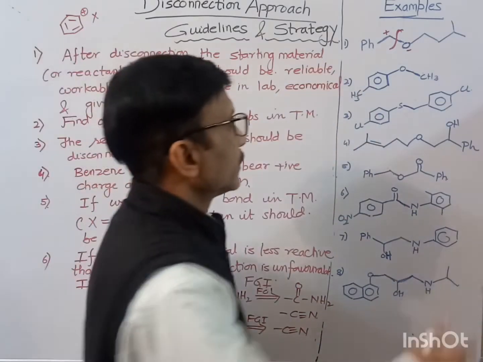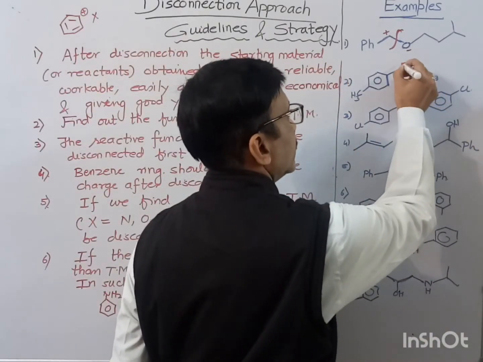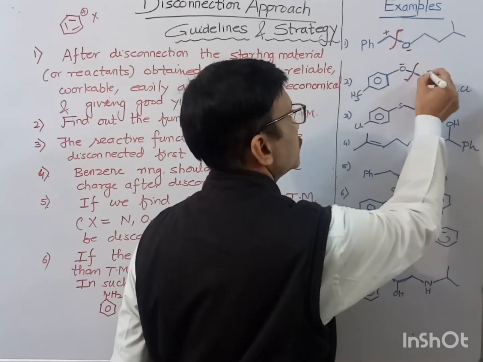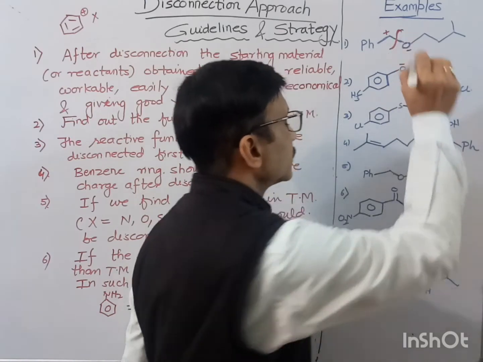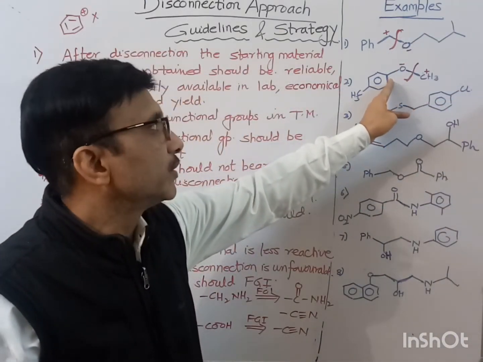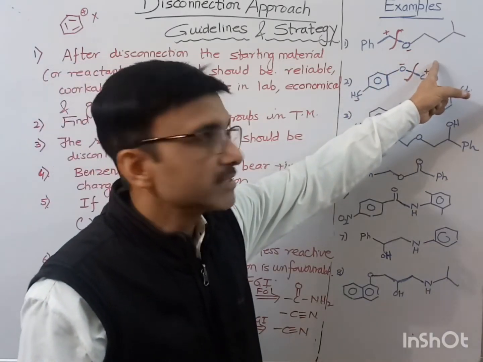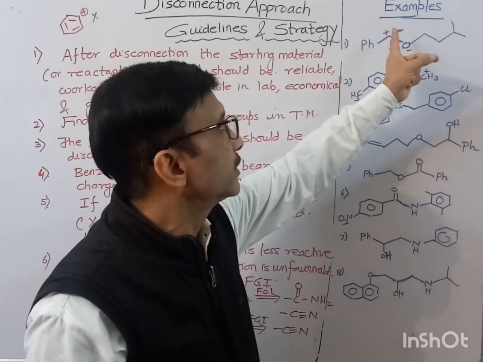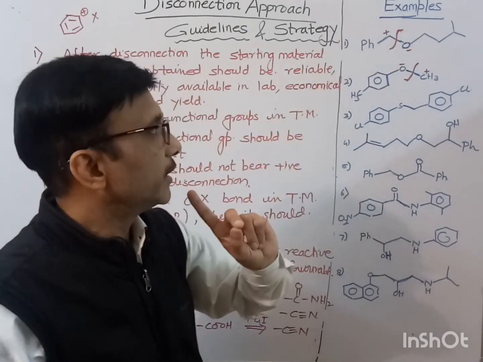So that's why we should disconnect it from here. From here you will get the synthon, positive charge over here and negative charge over here, and from that you can get the synthetic equivalent or reactant. H can be added over here and Cl minus can be added over here. Similarly, H can be added over here and Cl minus can be added over here.